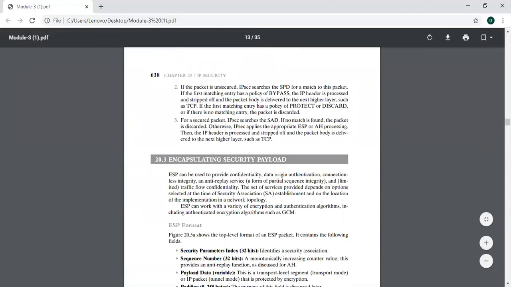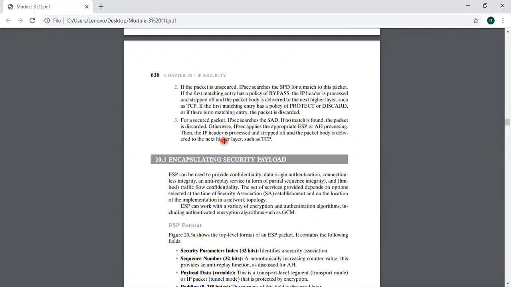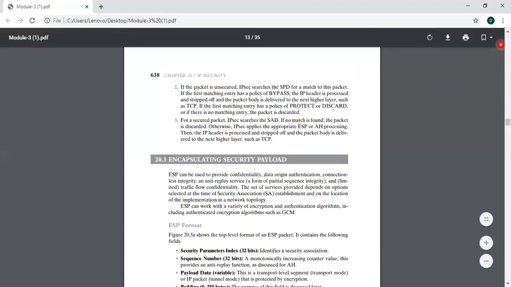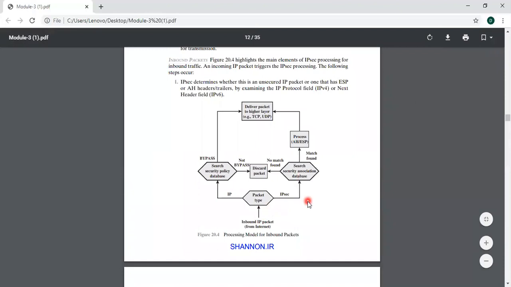Then the third point: for a secured packet, IP security searches the SAD. If no match is found, the packet is discarded. Otherwise, IP security applies the appropriate encapsulating security payload or AH processing. Then the IP header is processed and stripped off, and the packet body is delivered to the next higher layer, such as TCP. So the third point tells about the right portion.